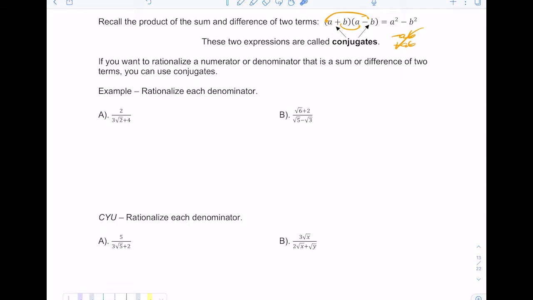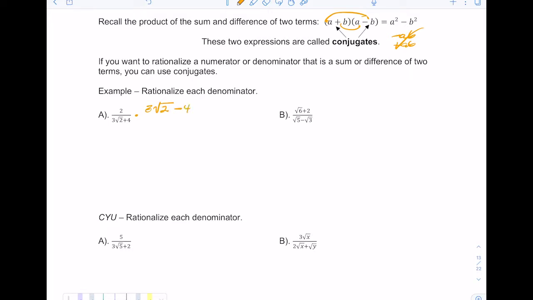So that technique will allow us to remove radicals when you have an expression that looks like this. So there's a radical and then plus or minus a number. Okay, here's a radical minus another radical. So to remove it, I'm going to multiply by the conjugate. To find the conjugate, all I'm going to do is just change the sign. So it's 3 root 2 plus 4.